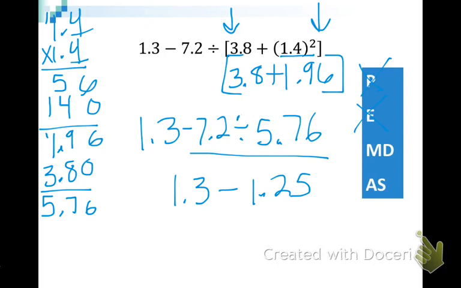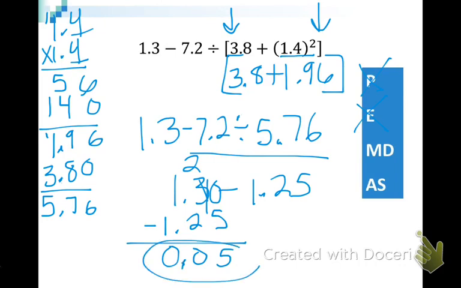So now I have 1.3 minus 1.25. Have to borrow. And it ends up as 0.05.